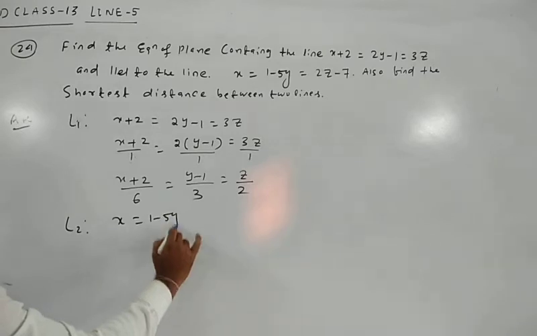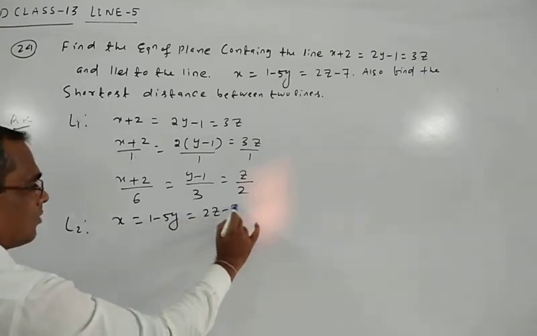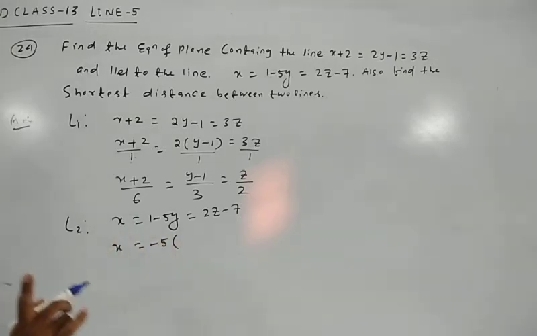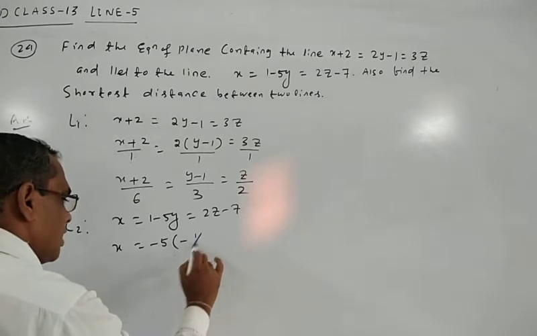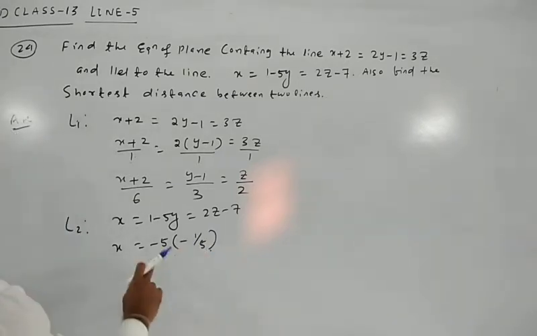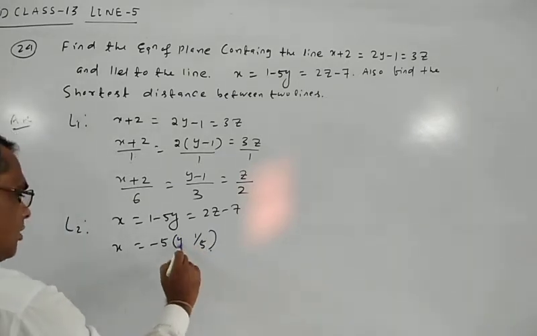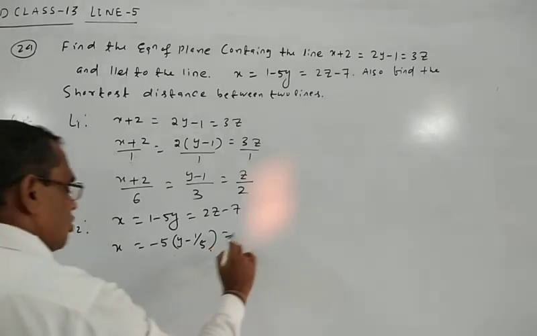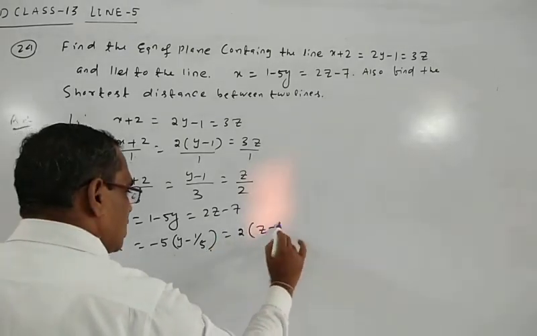x is equal to 1 minus 5y, equal to 2z minus 7. So taking minus 5 common, x is equal to minus 5 times (y minus 1 by 5), since minus 5y gives minus minus plus 1. This is equal to 2 times (z minus 7 by 2).